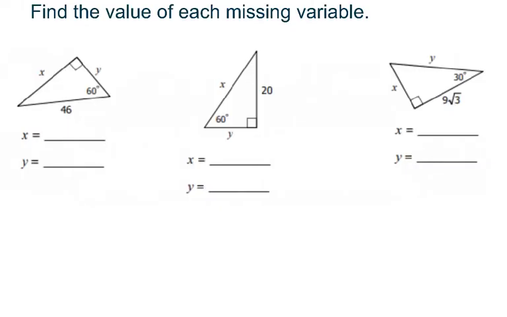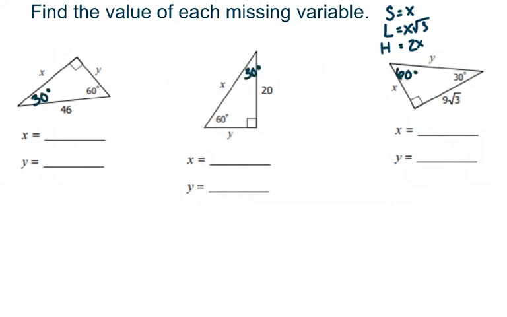So we're going to do 3 more examples. Short equals x, long is x times the square root of 3, and hypotenuse is 2 times x. So that's our little formula. I want you to see if you can do this. Pause the video, try all 3.